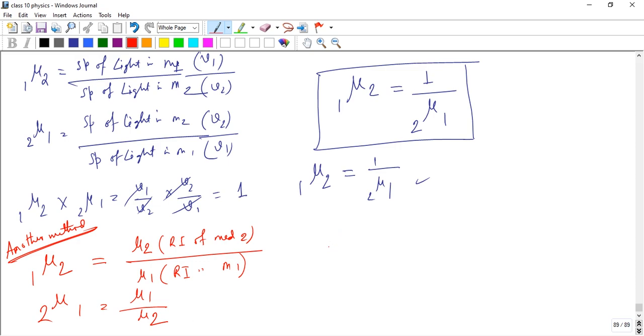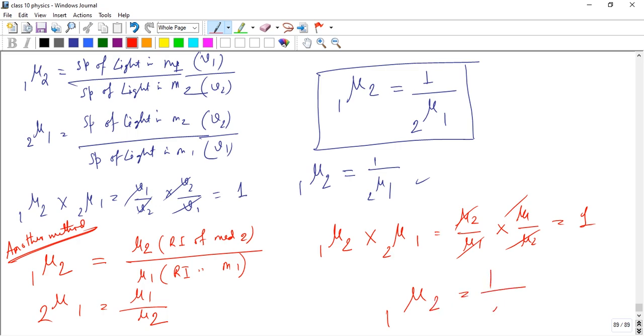If you multiply these two, mu 2 by mu 1 times mu 1 by mu 2 cancel, so you also get 1. So mu 1 to 2 is equal to 1 by mu 2 to 1. Okay, that is three methods.